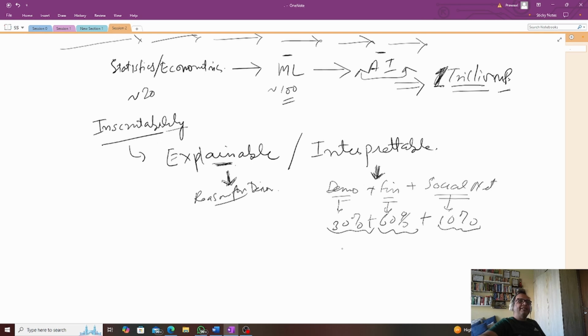They can be retrained from scratch, etc., but there is no possibility of a point fix. So these models are inscrutable, which means they are not explainable and not interpretable.